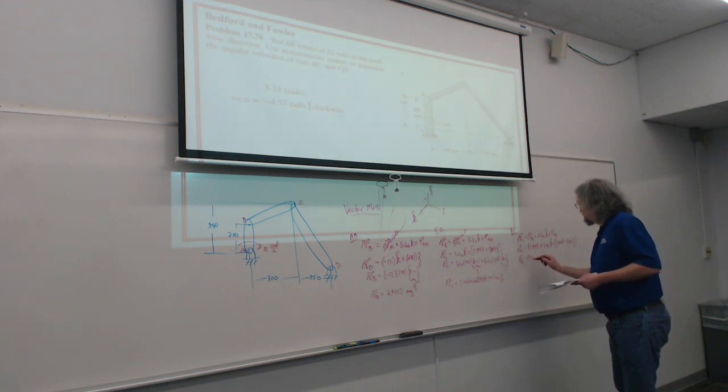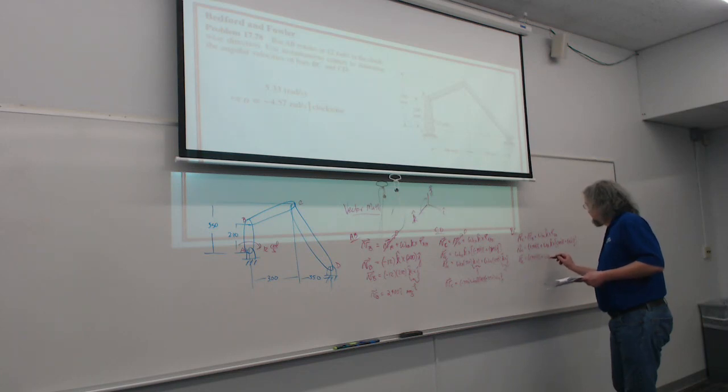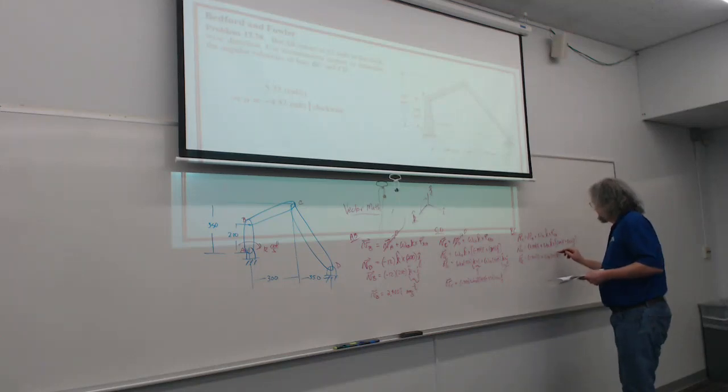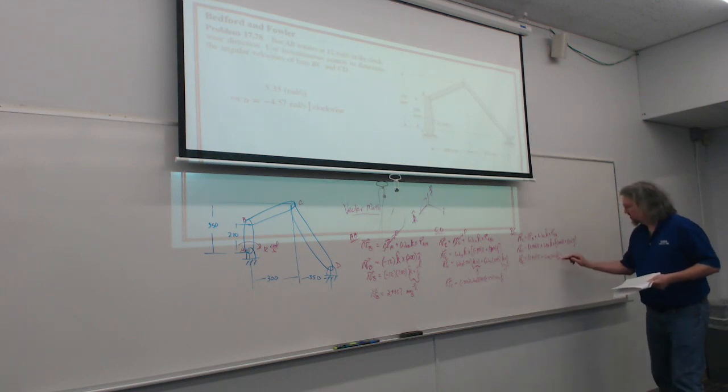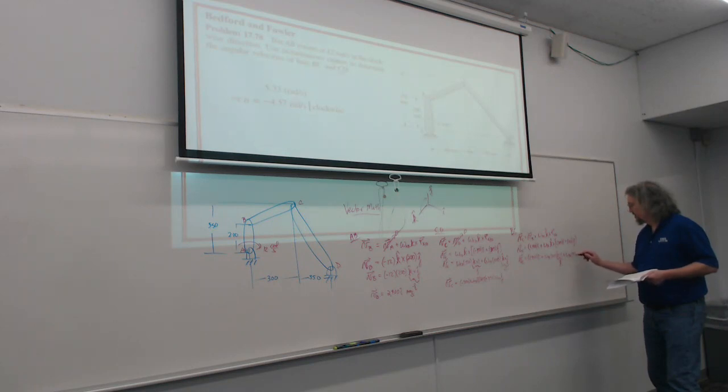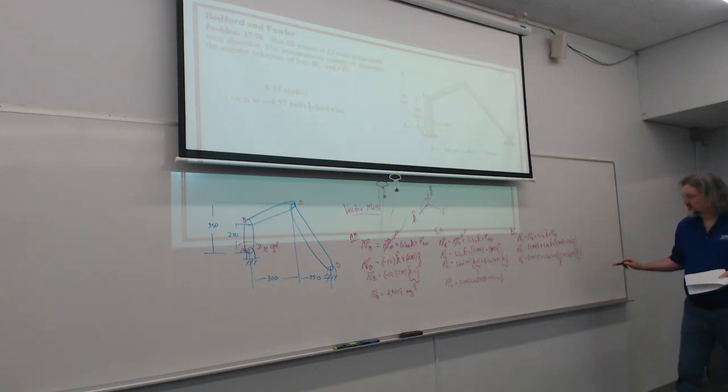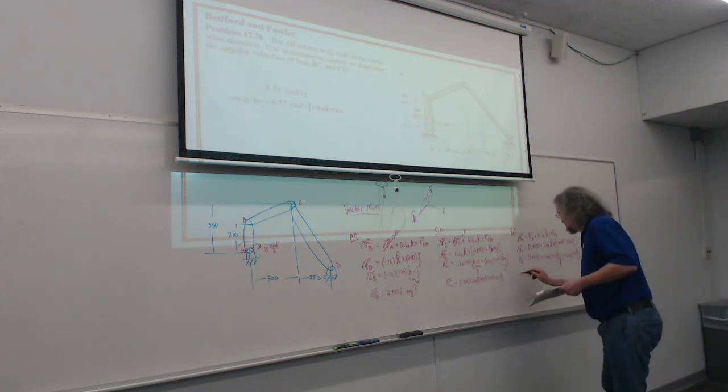And 2,400 I plus omega BC times 300 K crossed with I. We know that's J. Plus omega BC 150 K crossed with J. We know that's negative I. So we're almost there.